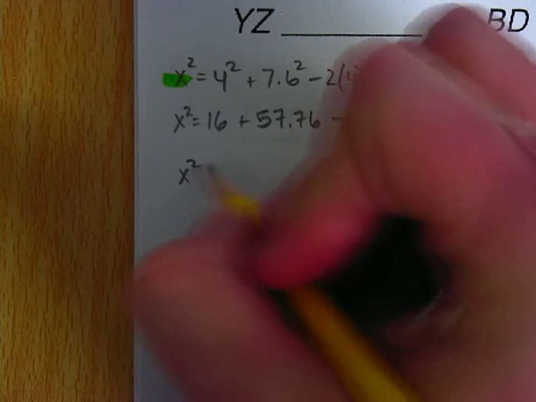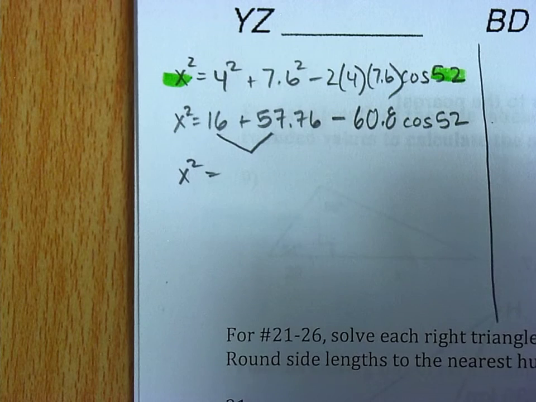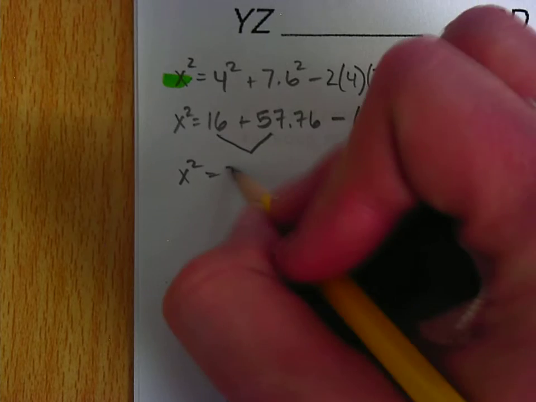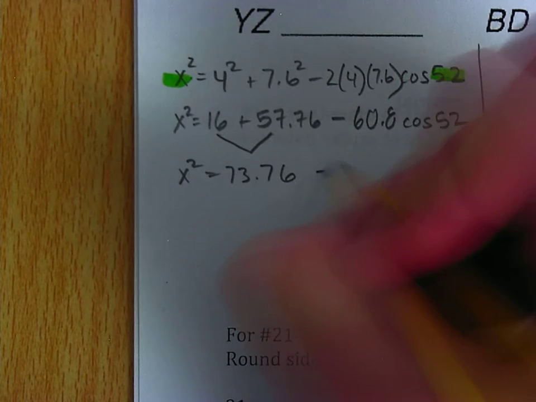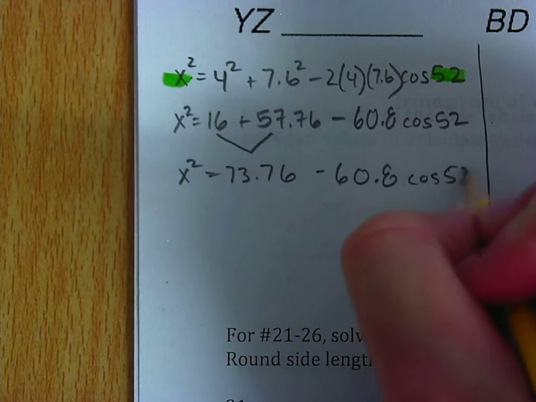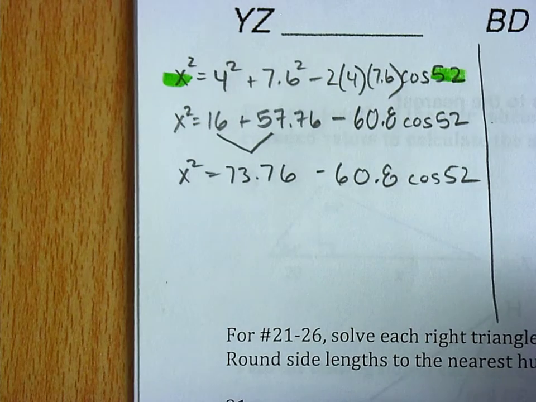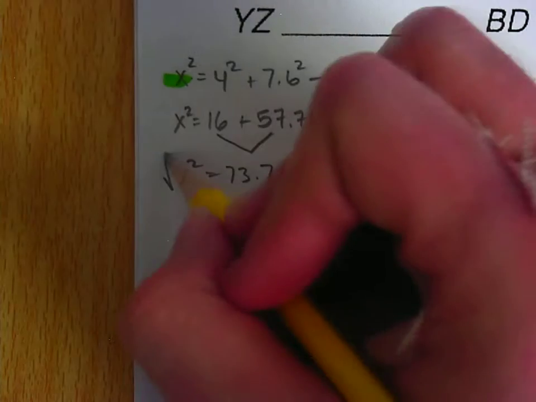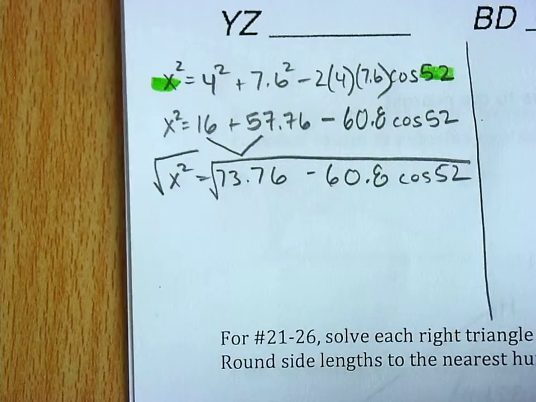Well, x squared then equals, and I'm just combining these, by the way, 16 plus 57.76, that's 73.76, minus 60.8 cosine of 52. Well then, to get x alone, I just square root this.